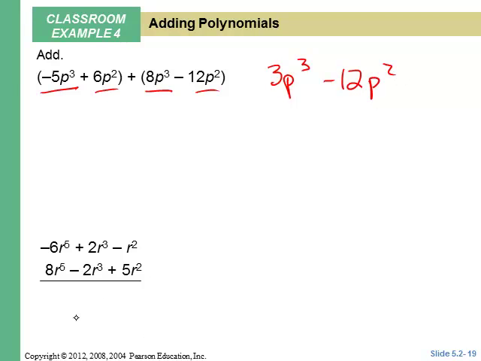We can also add them vertically. Negative 6 plus 8 is 2r to the fifth. 2 minus 2 is, these just cancel out. I could write 0r cubed, but if 0 is the coefficient, we just ignore that term. Negative r squared plus 5r squared is plus 4r squared.